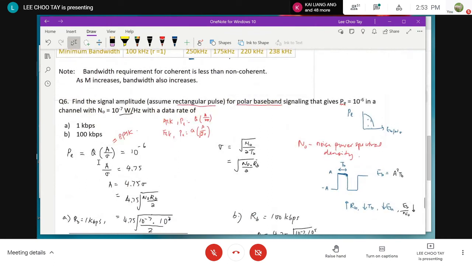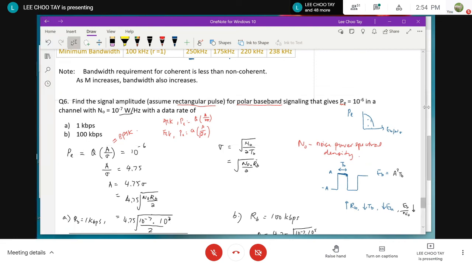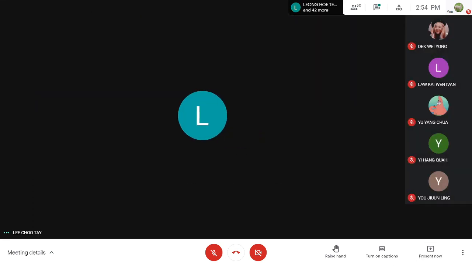For polar baseband, the probability of error is the Q function of A over sigma. A over sigma needs to give 10 to the power of minus 6. So A over sigma must be at least 4.75.